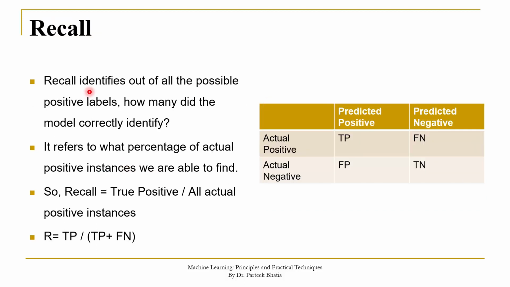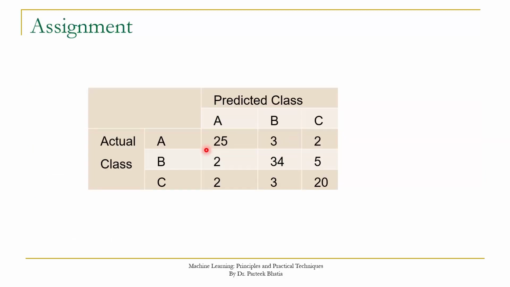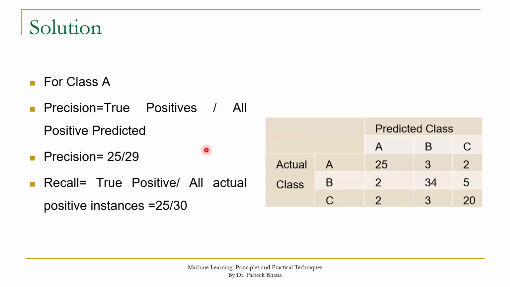We know that recall identifies out of all the possible positive labels how many did model correctly identify. It means it refers to actual positive instances we are able to find out. So actual positive instances in total are true positive plus false negative. So the formula for recall will be true positive divided by true positive plus false negative. Now let us apply this formula in this case.